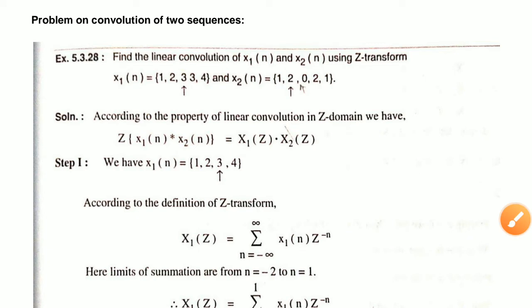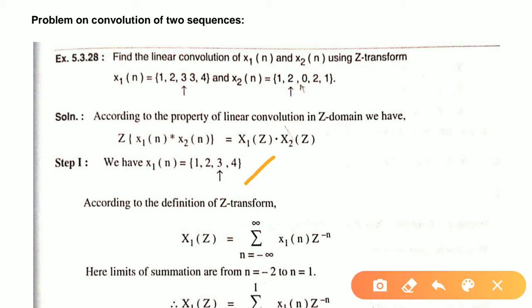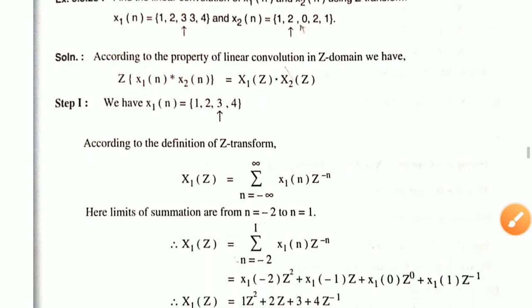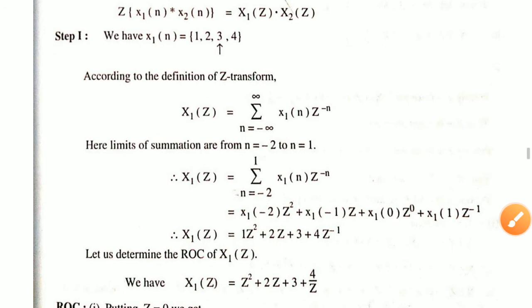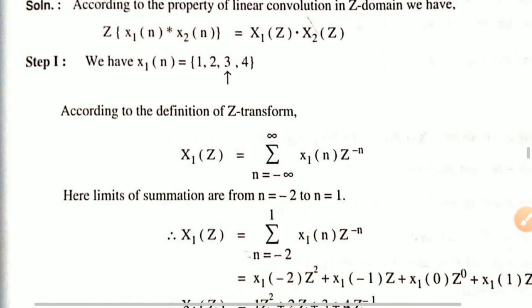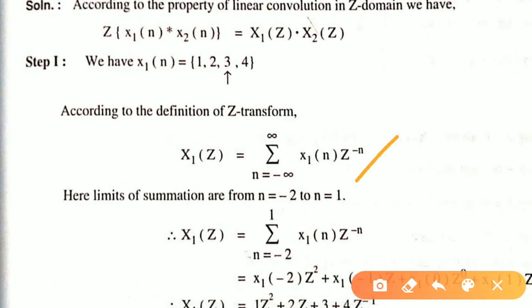So let's take the first sequence, x1 of n. We just have to find its Z transform, which is x1 of z. It is very simple. According to the definition of the Z transform, this is the basic equation, that is x1 of z, which is the Z transform of x1 of n. The sequence is given, and the arrow indicates x of 0.